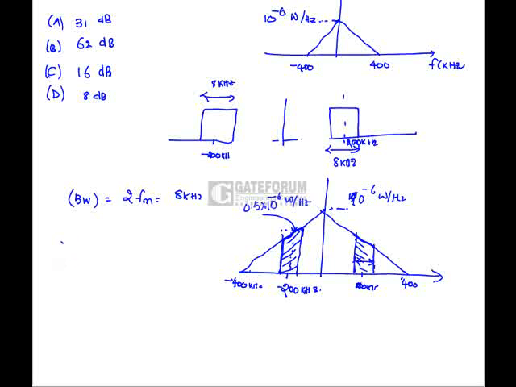Hence, first of all the DSB-SC signal x of t is Ac m of t cos omega c t. After passing x of t through the channel, we get x of t plus n of t, where n of t consists of two components: the in-phase component and the quadrature component.